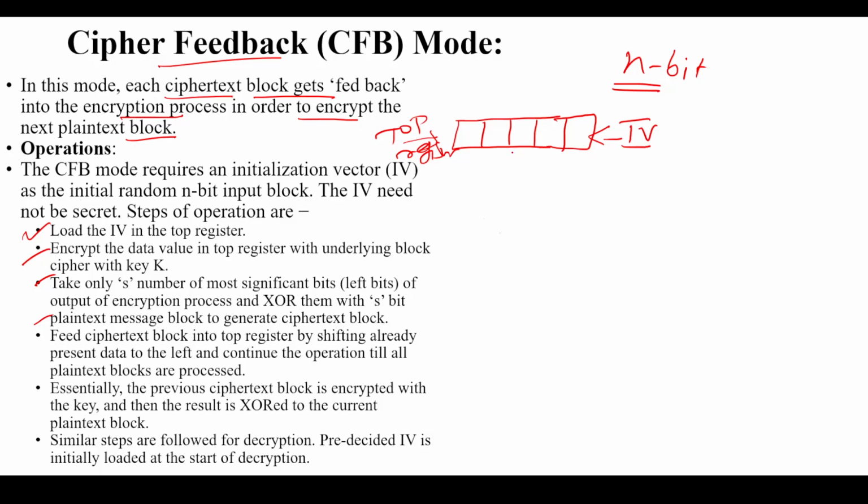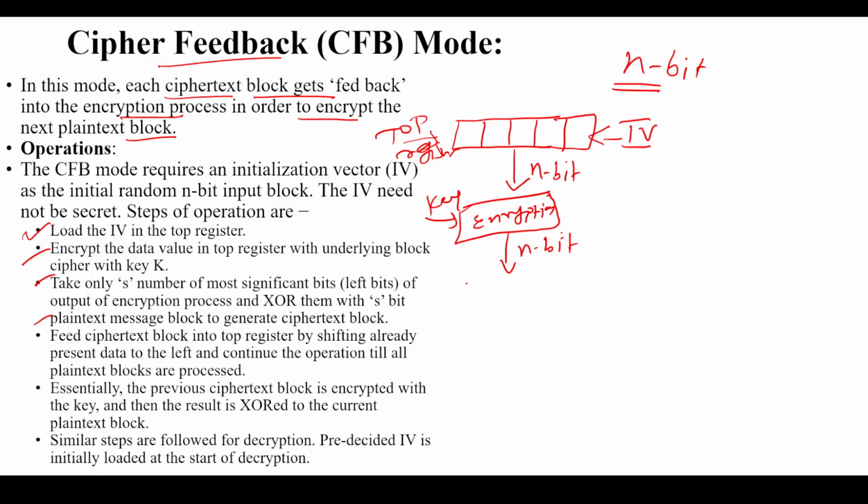Now whatever initialization vector is there, just apply the encryption algorithm in the second step. How to apply the encryption algorithm? Here we are using some keys, right? And afterwards, as mentioned, we are getting n bits, because the initialization vector size is n bits, and the encrypted value is also n bits.